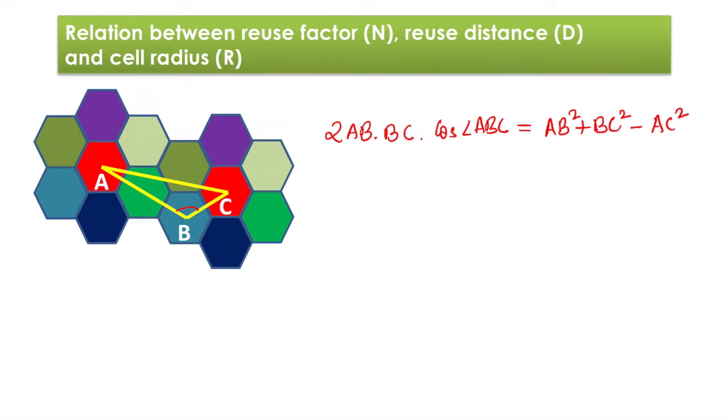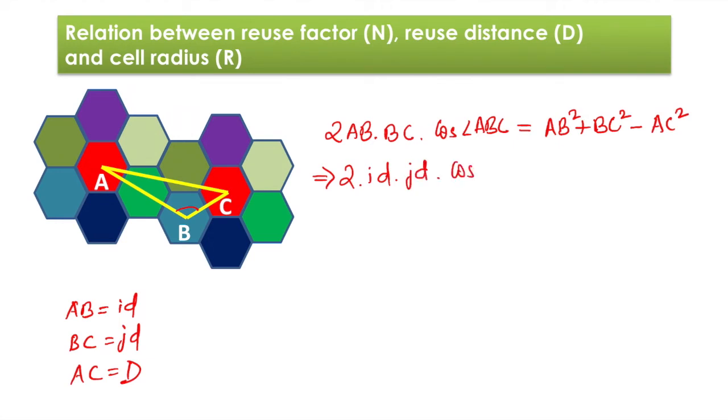So this is as per the cosine law. Now we can replace AB with iD, BC with jD, and AC with capital D. So you can replace this: iD, jD, cos of ABC.